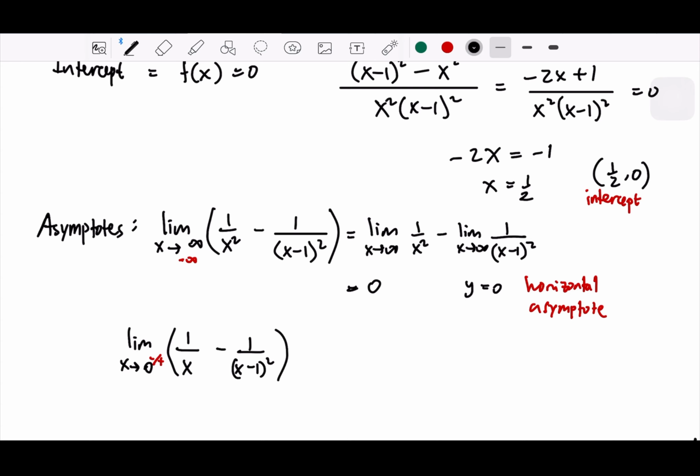And it's going to be an infinite number, right? And the same thing with x approaching positive 1 from the left side or right side. Squared.